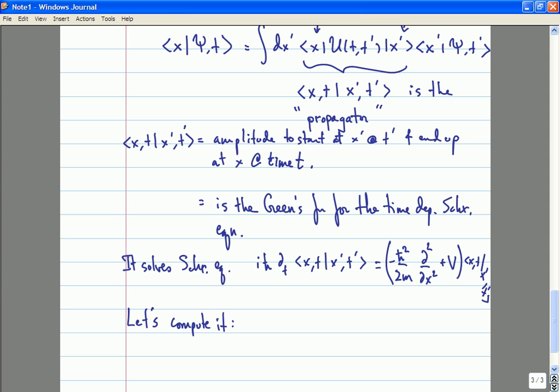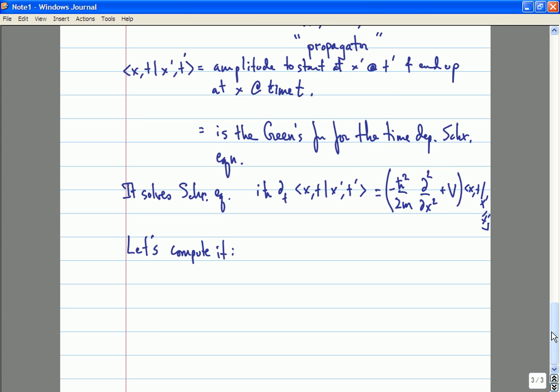And I'd like to compute it by making the following sort of tricky observation. So let me note that this propagator has the following property. It's the amplitude for a particle to go from x prime at t prime to x at t.